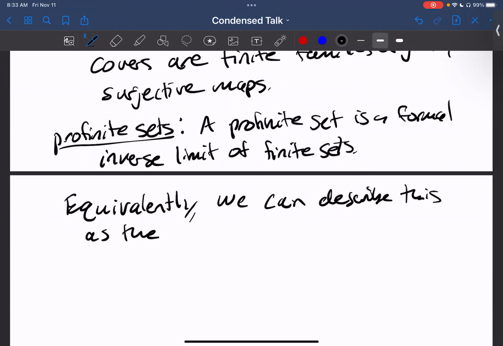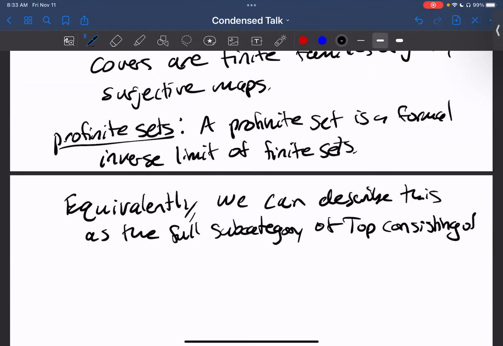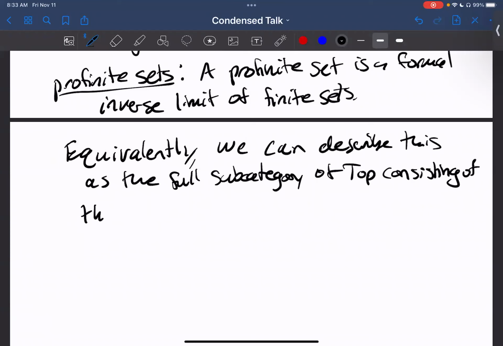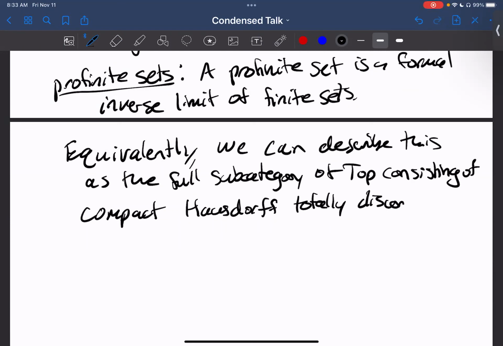It's the full subcategory of Top consisting of those spaces which are compact Hausdorff and totally disconnected. This just means that the only connected components are points.